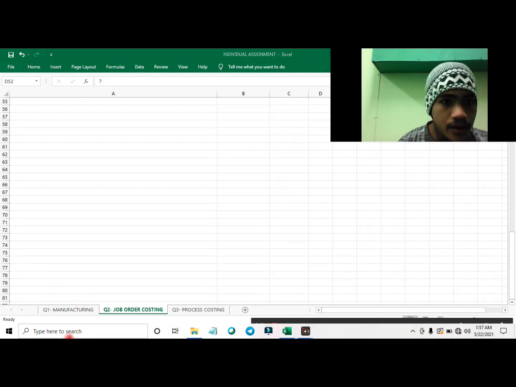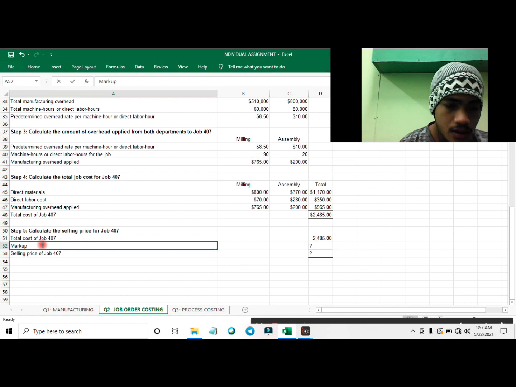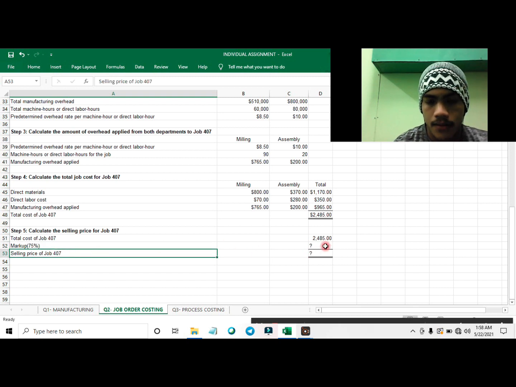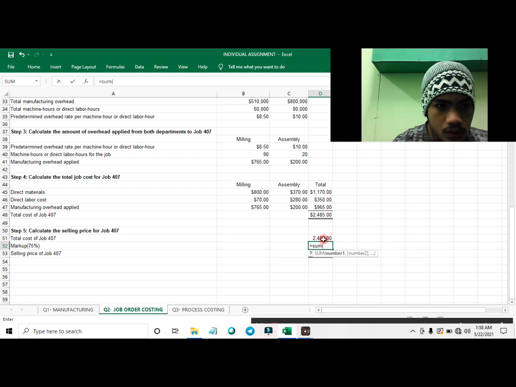So we need to multiply 75% by the total cost of job 407. So equal sum, we just take the total cost for job 407 multiplied by 75%.